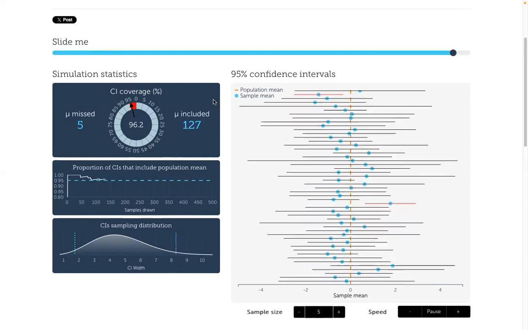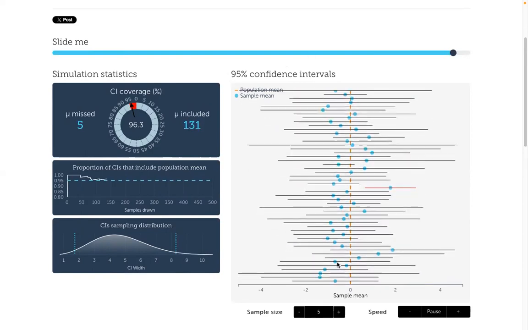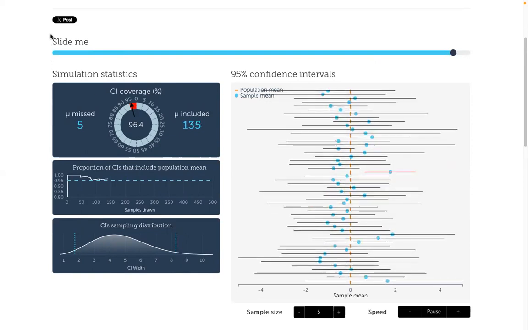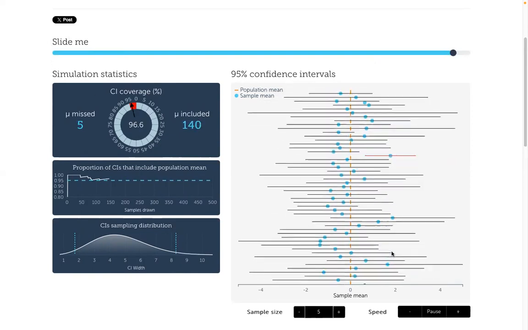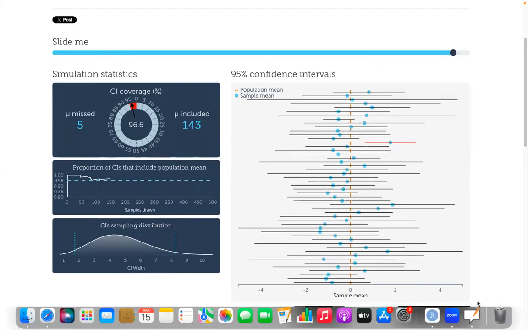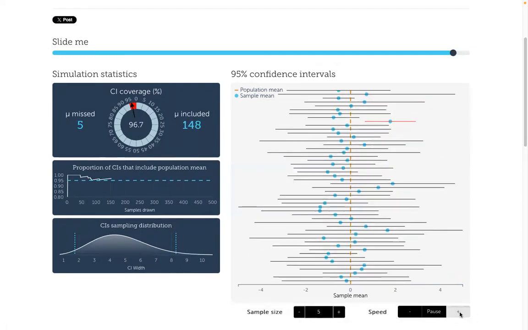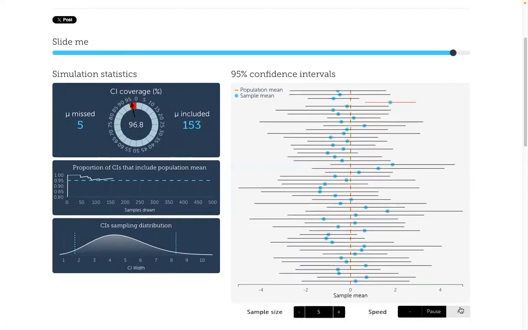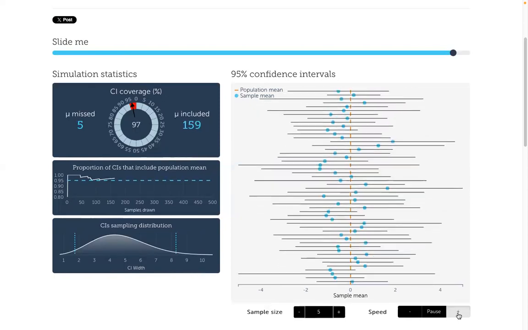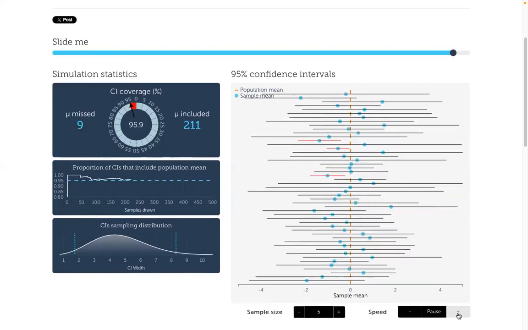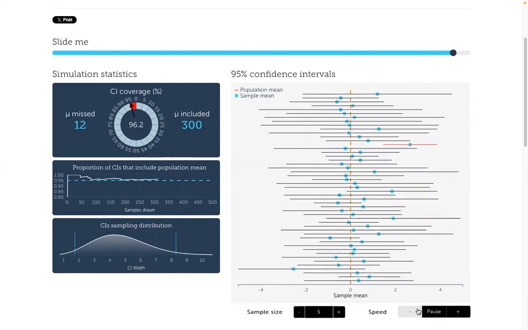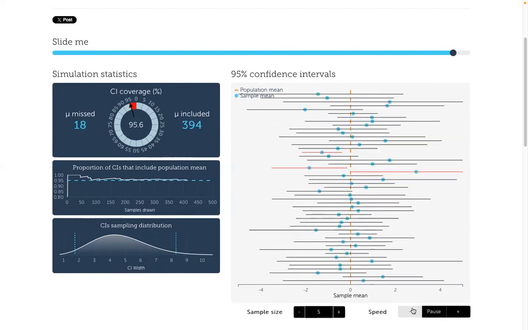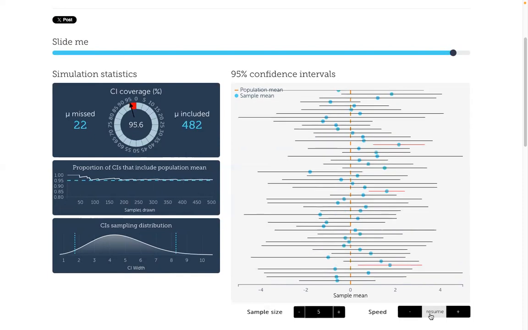So let's increase the speed. He builds a 95% confidence interval. How many times do you think he will miss? So let's pause it.